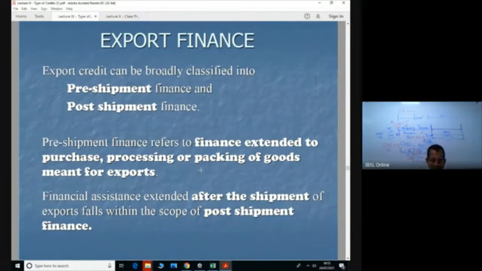Then once we get the goods ready, we ship. Once we ship, we have the export documents. So goods has gone out of the country. Now it is the importer's risk we are taking. So what banks do, we take the original or copy documents of the export documents and discount them.